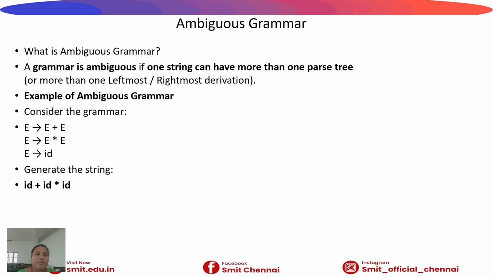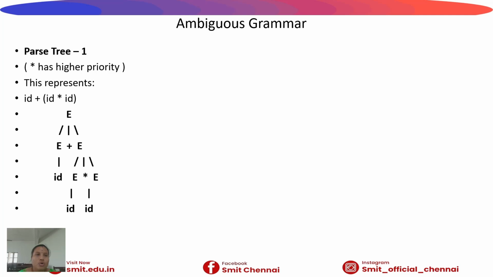An example of ambiguous grammar: consider the grammar E substituted by E plus E, E substituted by E star E, and E substituted by id. Generate the string id plus id star id. In the first tree, the star has higher priority.